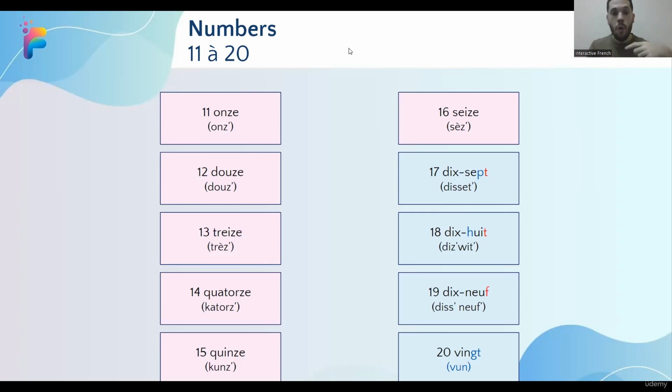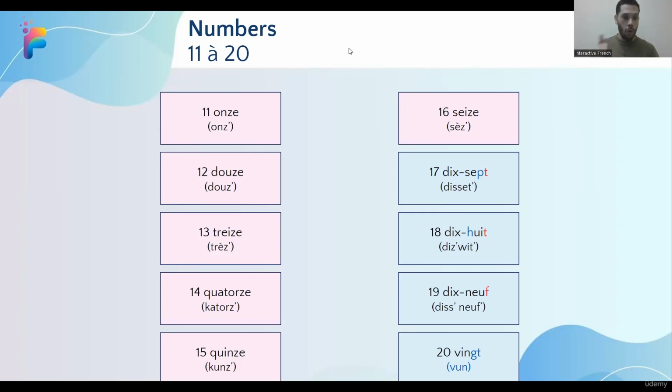Remember that if you want to read those aloud, I suggest that you pay attention to the blue and the red, right? The blue are the letters you don't pronounce, and then the red ones you pronounce, okay? But let's just repeat one more time the numbers from 11 to 20, okay?